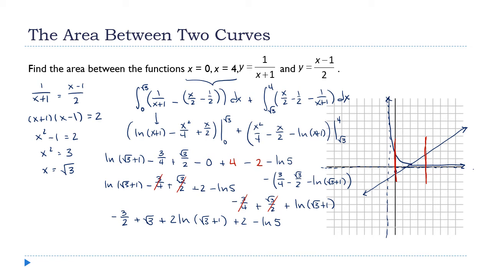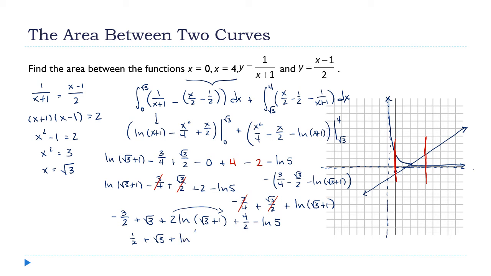Okay, if I do a common denominator here, 2 is 4/2. So 4/2 minus 3/2 is 1/2 plus the square root of 3 plus, and let's use some logarithm properties. Let's bring the 2 inside here.